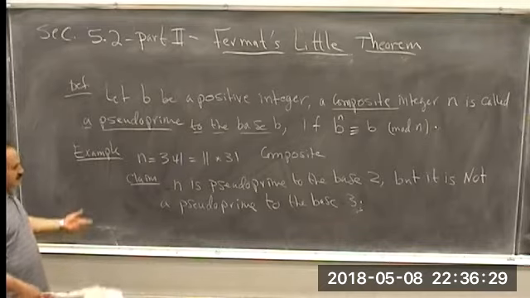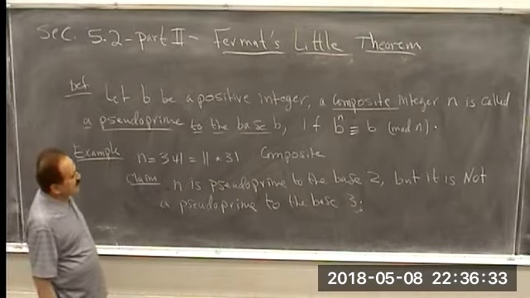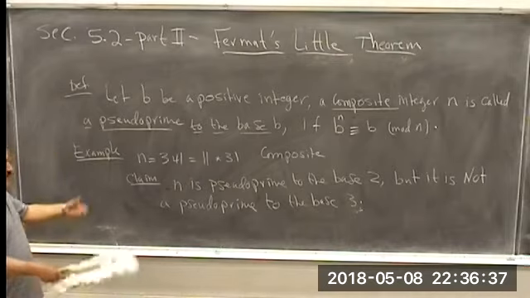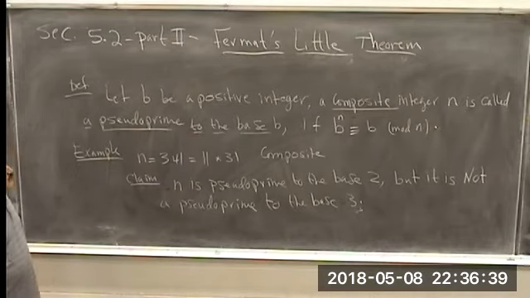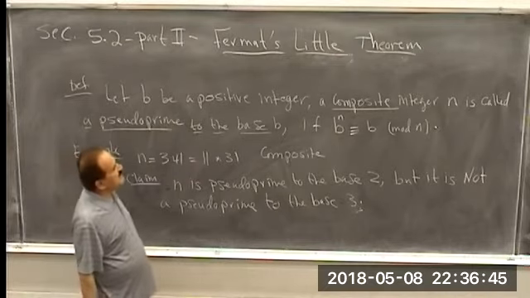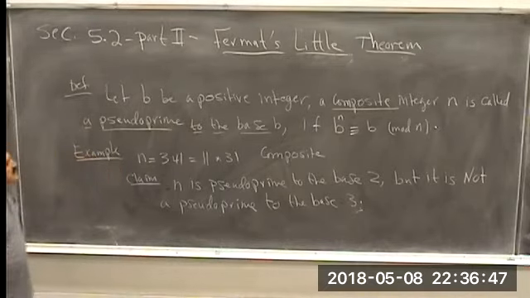Unless, of course, the unfortunate situation where the number we are testing is a Carmichael number, and there are infinitely many of those. But they are very, very rare. In other words, their appearance among the numbers is sparse, way far away from each other. All right, so let's go ahead and actually show this.